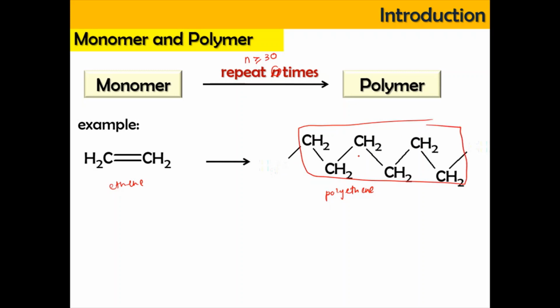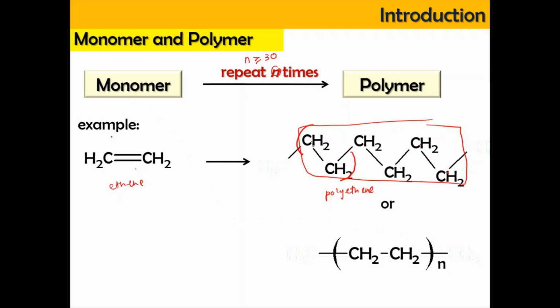A polymer should be longer than this, and it can continue up to thousands or tens of thousands of units. This is how you write a polymer because it is bonded together, and you can also write it in terms of the repeating unit. You can see that here and here is the same as here and here, and the same here as here. So what you're going to say is that the CH2 and the CH2 part, which comes from the monomer, is going to be repeated n times.